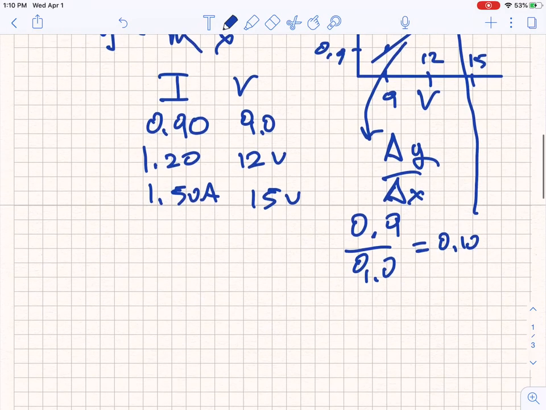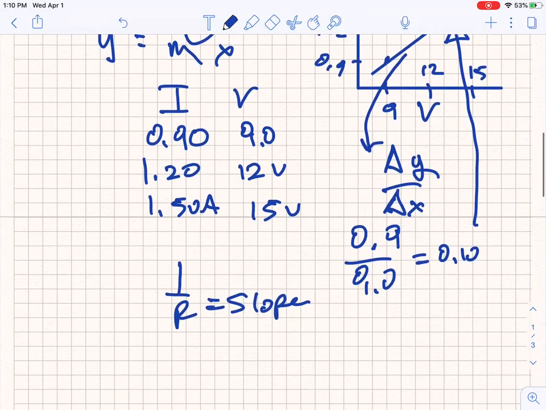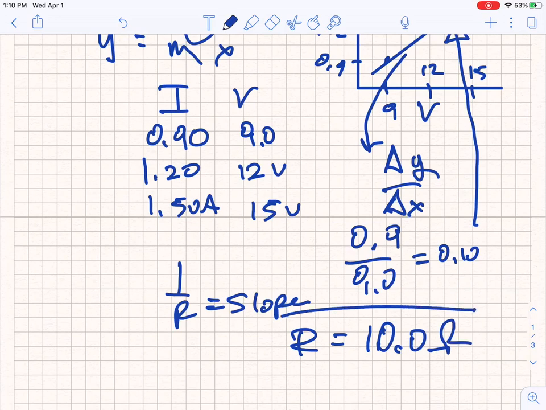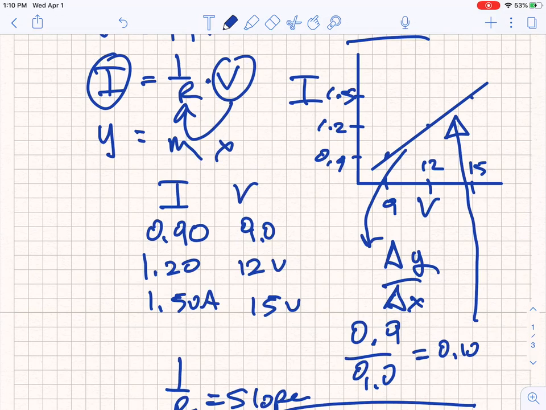Since 1 over resistance is equal to the slope, then the resistance itself would be 10 ohms, voila.